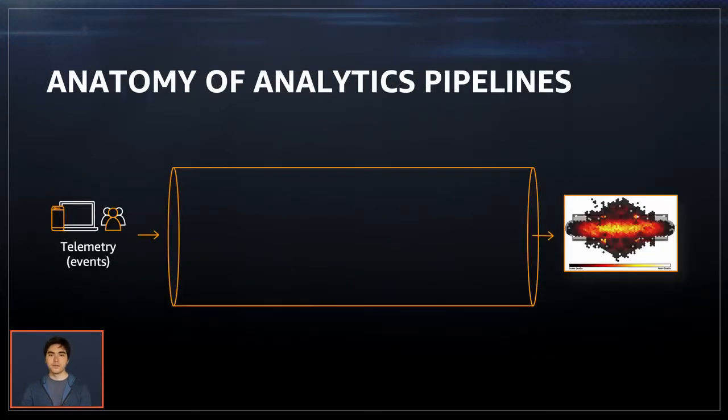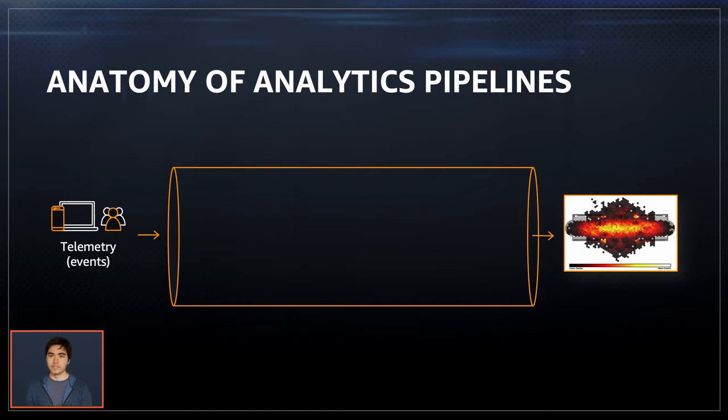But whether you have a real-time pipeline or a batch pipeline, the basic anatomy and components of that pipeline are going to look very similar. So you can see here that on the left side, we've got these telemetry or game events that are being generated by the game client, or maybe it's your backend servers and services. So that's on the left.